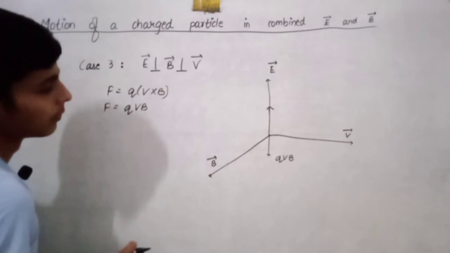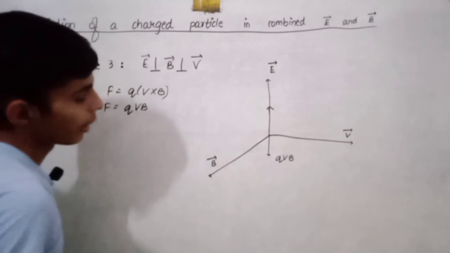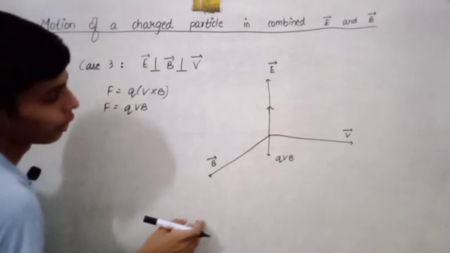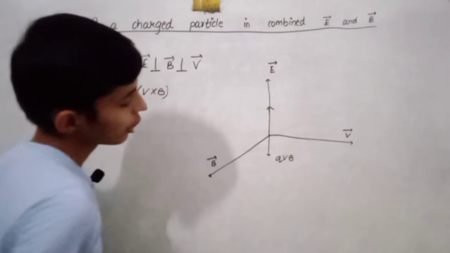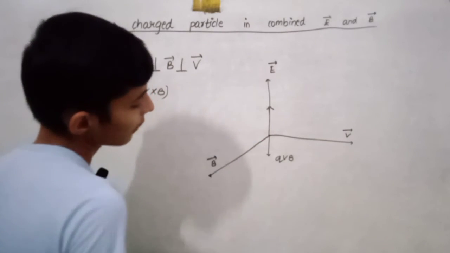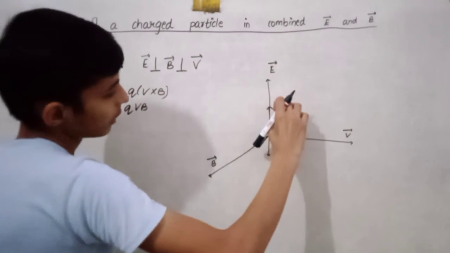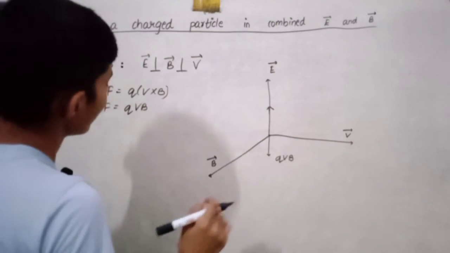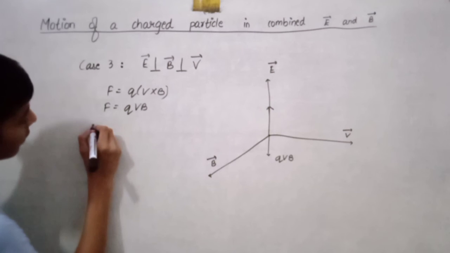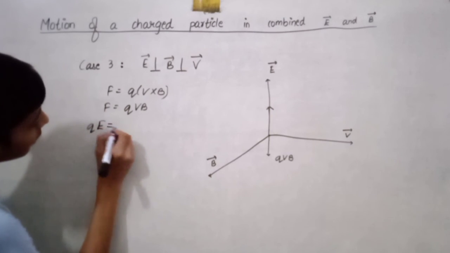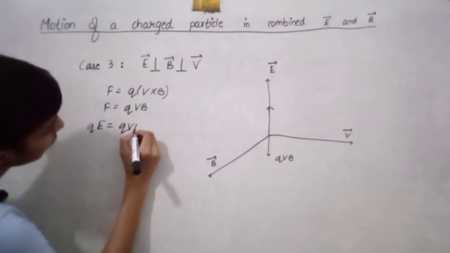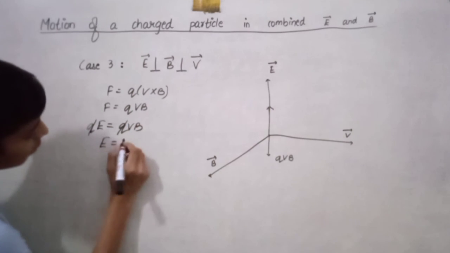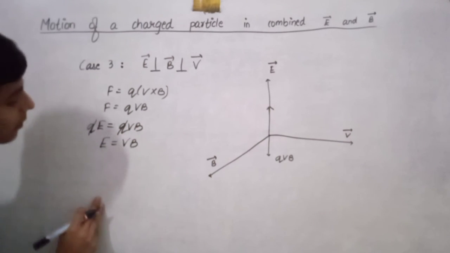So for a charge to move in the positive x direction, this magnitude of force and this magnitude of force must be equal. So we equate them and we get QE equals QVB. Then E equals VB.